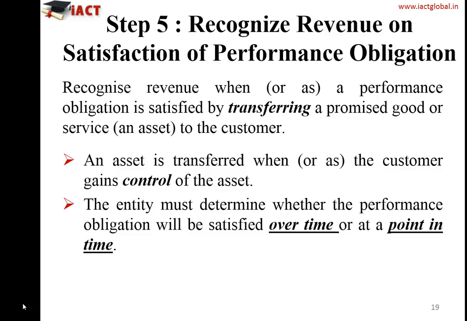Step 5 says to recognize revenue when or as a performance obligation is satisfied by transferring a promised good or service, or an asset, to the customer. When do we consider that an asset has been transferred? This is based on when the customer gains control of the asset.